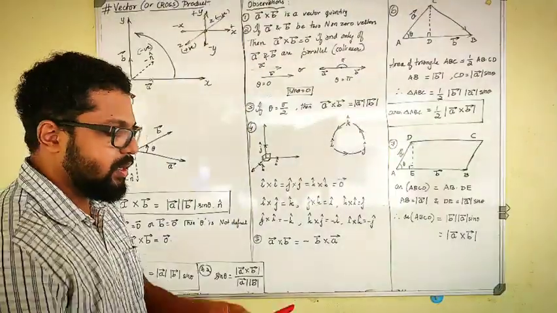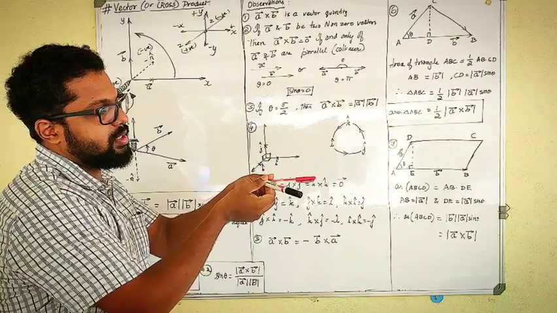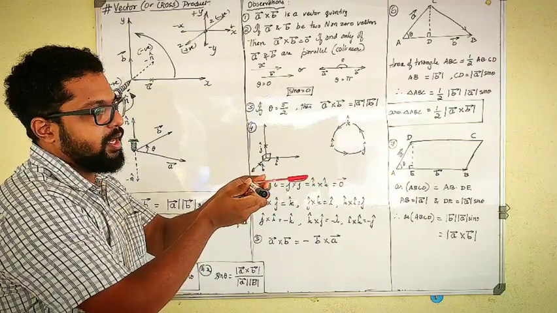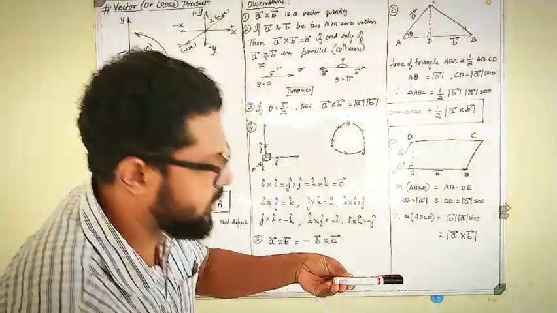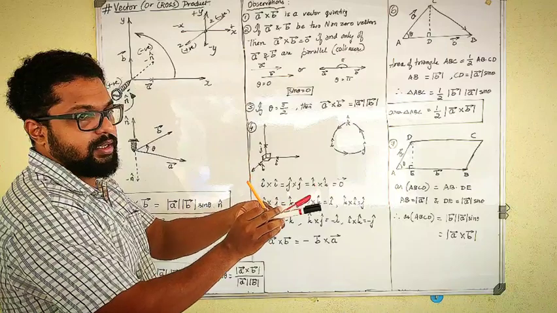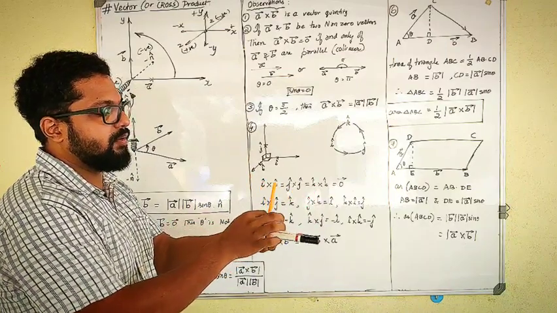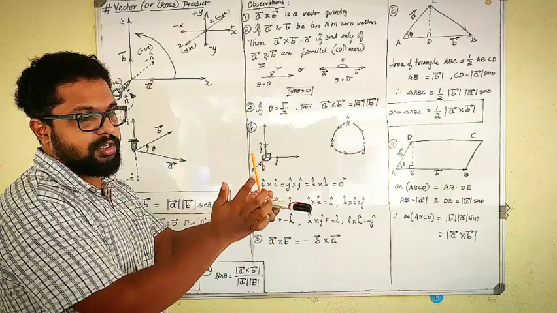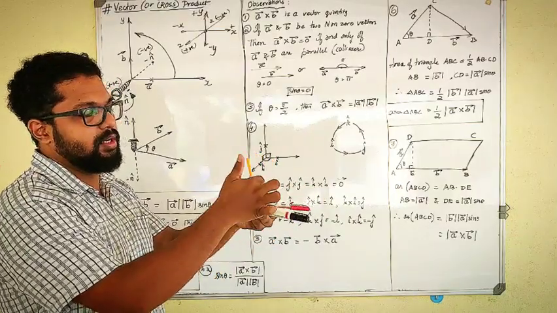If this is vector A and this is vector B, these two lie on some plane. If A is made to fall on B, there is another vector perpendicular to both. That is A cross B. The cross product is perpendicular to these two vectors.